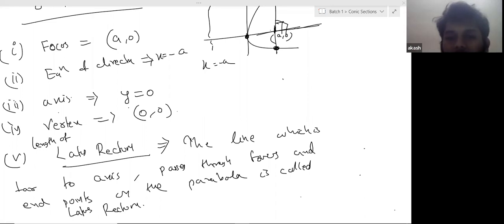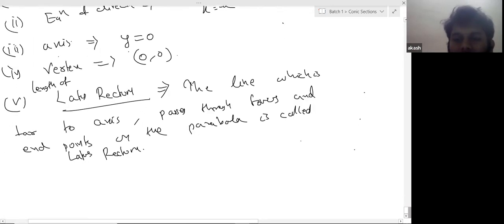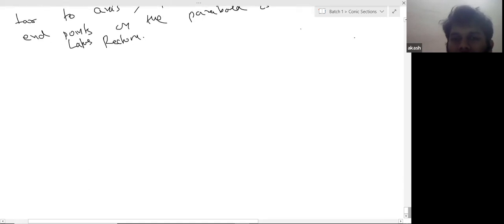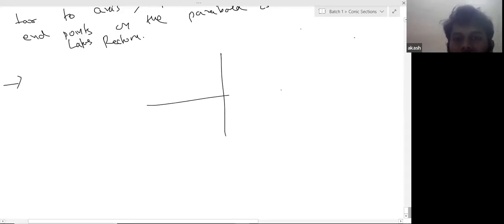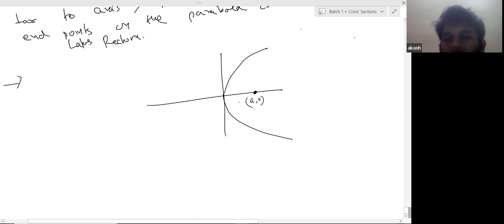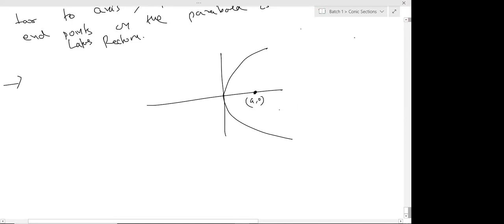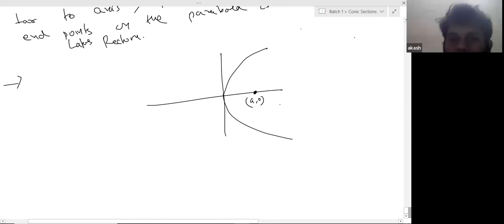Clear about latus rectum, Gautam? Shavya, Asma? Sir, could you explain diagrammatically? All right. What is the definition? A line perpendicular to the axis. Let's break it down. First thing is perpendicular to the axis, that means a lot of lines are possible.